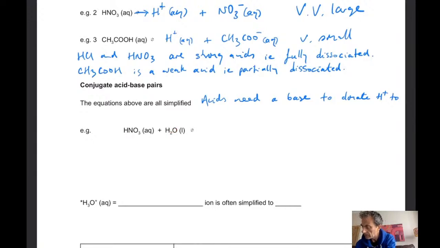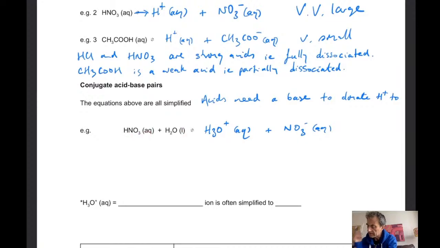The water becomes H3O, so it's picked up the H plus, but obviously it's going to pick up the charge as well. So it becomes this H3O plus ion. And what's left is the aqueous nitrate ion. So that's the full way of writing the example 2 equation. We've got the simplified version here, which is absolutely fine, but it doesn't show where the H plus is actually going, whereas this one does.